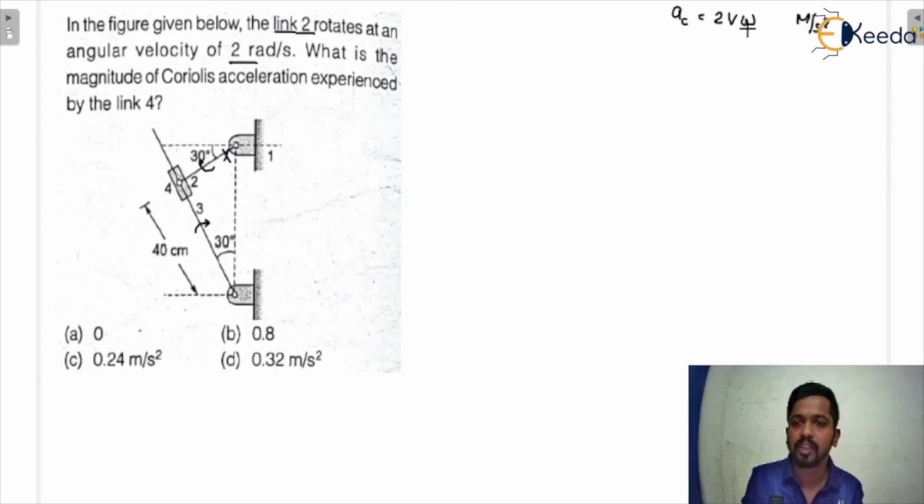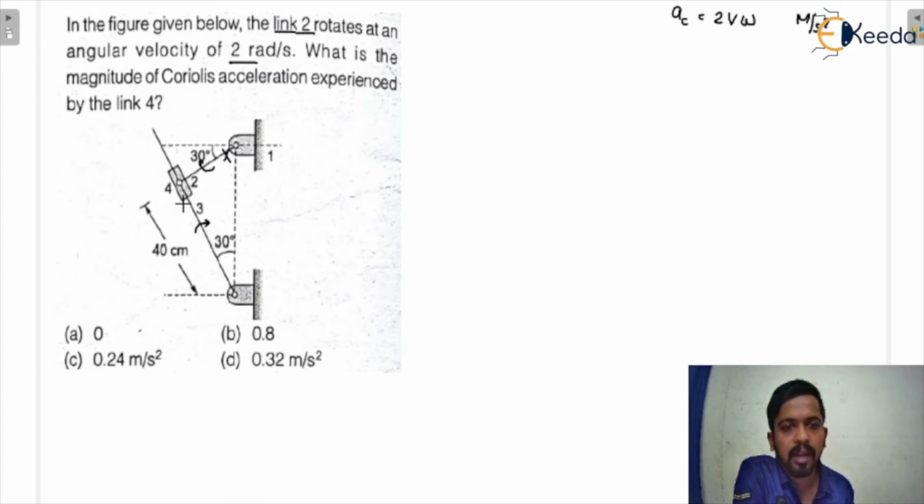In the Coriolis acceleration you have to use the velocity of the slider as well as the angular velocity of the link on which the slider is sliding. The slider is sliding on link 3, not on link 2.